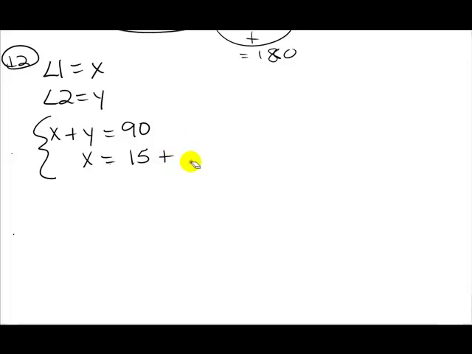So you always want to double check that. 2y, twice the second angle. So very similar to what we did before. So then to solve it, use this as your substitute for x. So go ahead and pause the video and do the work, and then come back and look at the video.